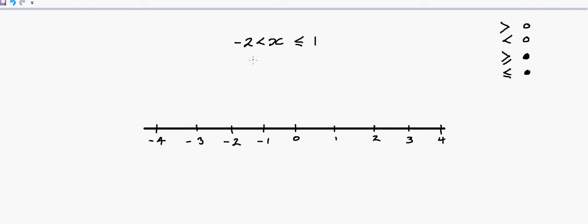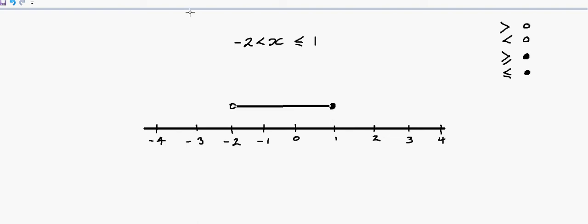So we go to -2, so we're going to go to -2 there, and we're going to go to 1. So we know that the line is between -2 and 1. Now because x is greater than -2, that's a polo or an empty circle. Because x is less than or equal to 1, it's a full circle or a Malteser. Don't write Malteser on your exam paper because they'll think you flipped.